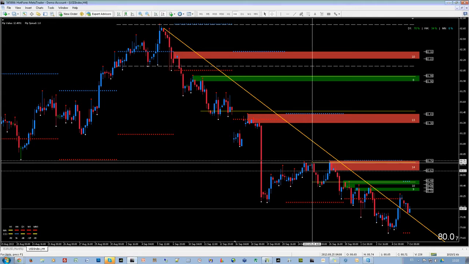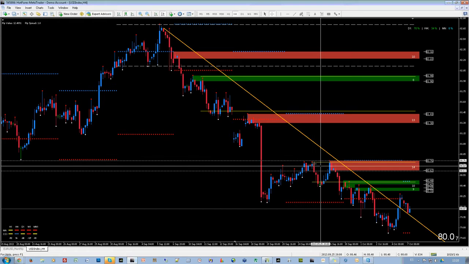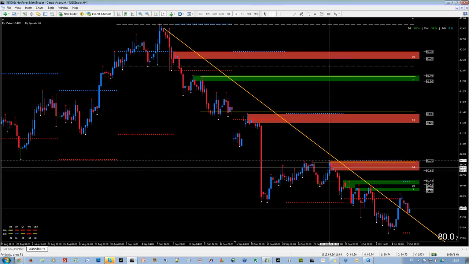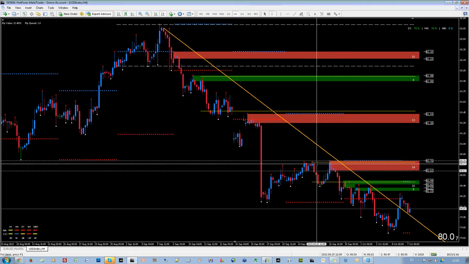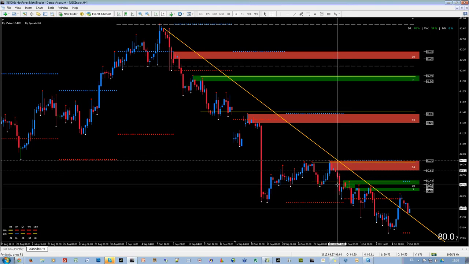So the robot would ask, if this high at 80.74 is broken by one single pip, or even a fraction of a pip, or by 2 pips, then this level is negated. It is no longer valid.